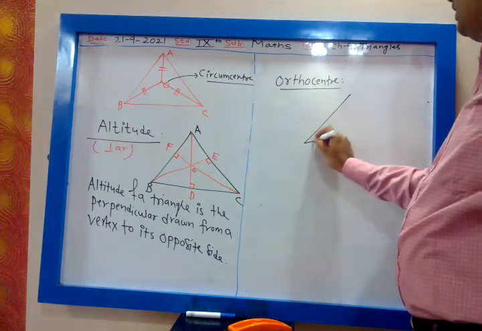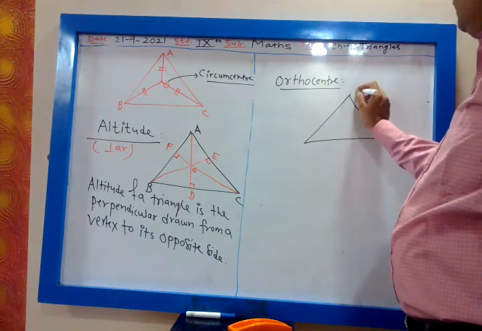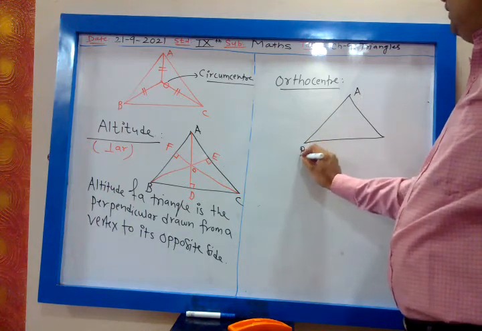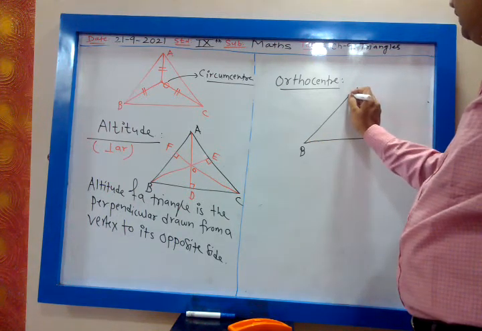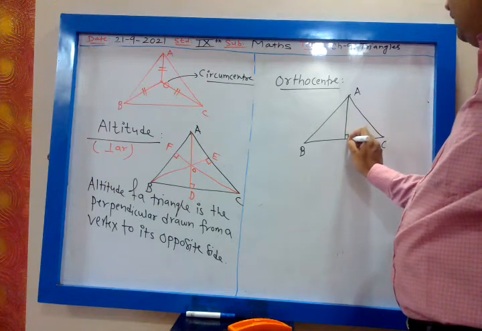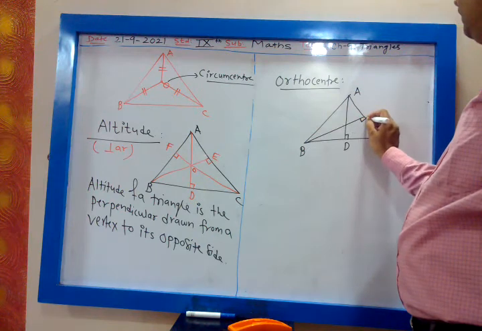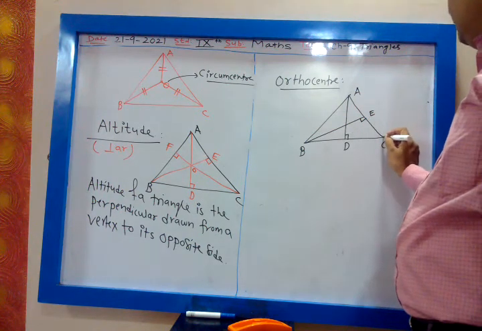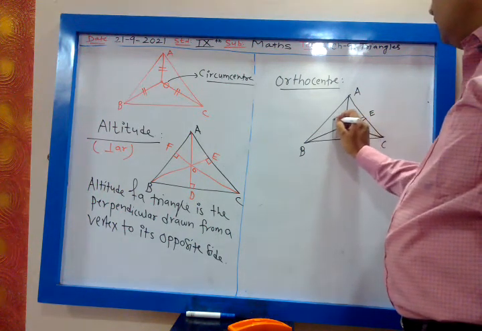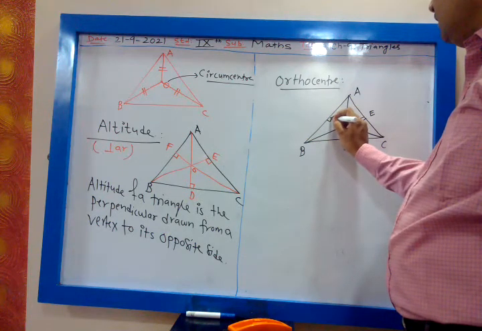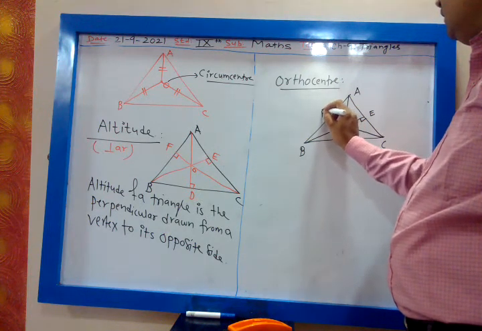Okay. So you are given a triangle ABC. Let us draw the altitudes AD, then BE, then CF, perpendicular.